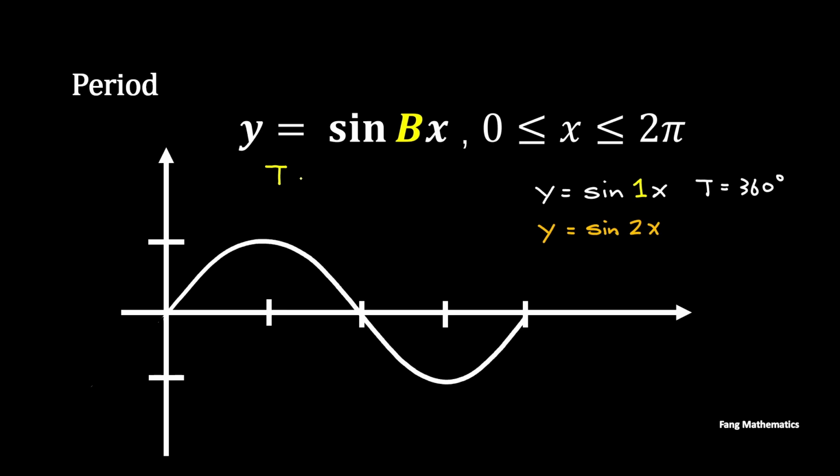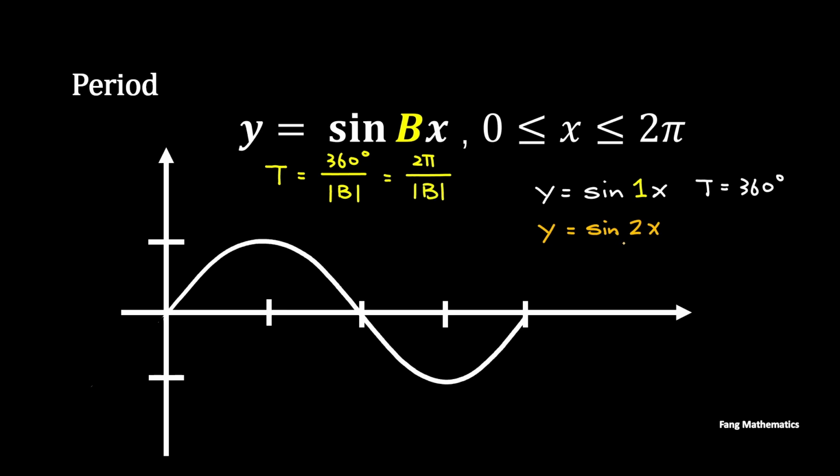You have the period equal to 360 degrees divided by the absolute value of the uppercase B. Or if you measure in terms of radian, you have 2 pi radian over the absolute value of B.